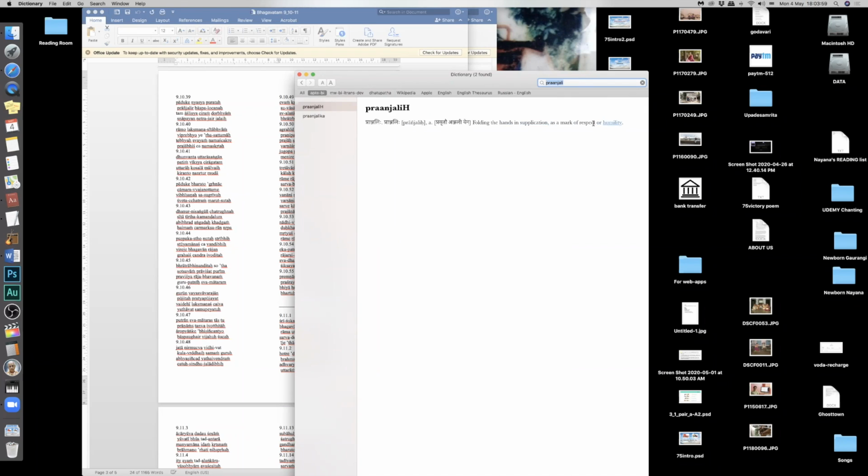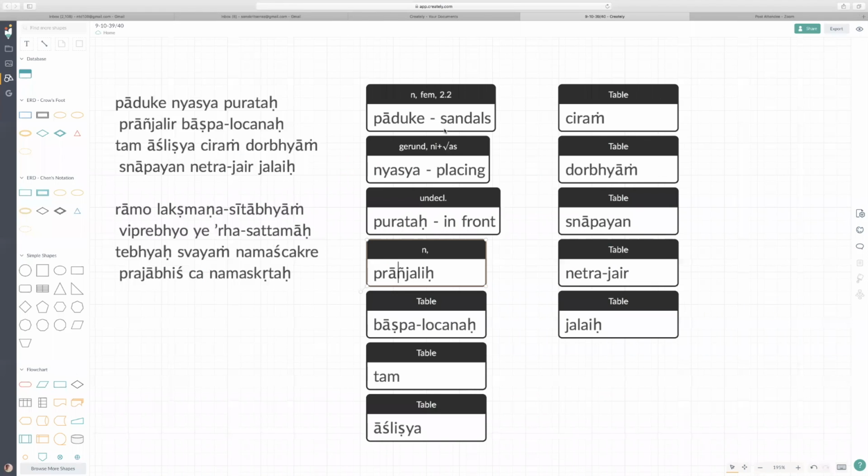That we know, but the derivation is prasritau anjali yena, in other words, one by whom the palms have been extended. This pra in Pranjali stands for prasrita, which means extended. So one who extends the palms, in other words, you make your palms straight, and then conventionally, traditionally, it means folded hands.